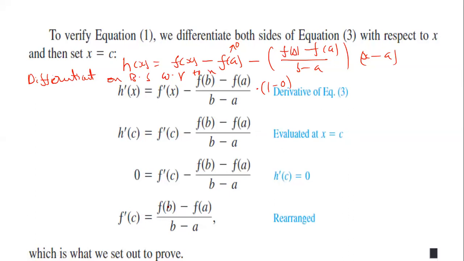Therefore, f dash of c equals (f of b minus f of a) by (b minus a). The minus belongs to the bracket here, so don't get confused about that.